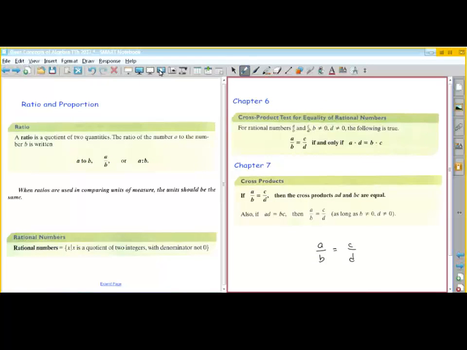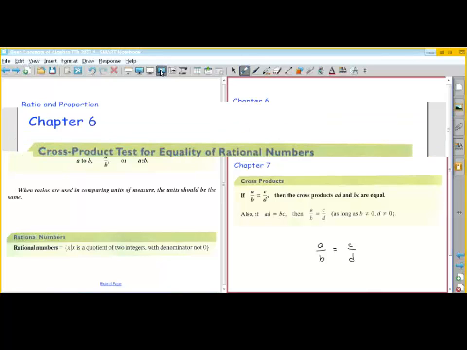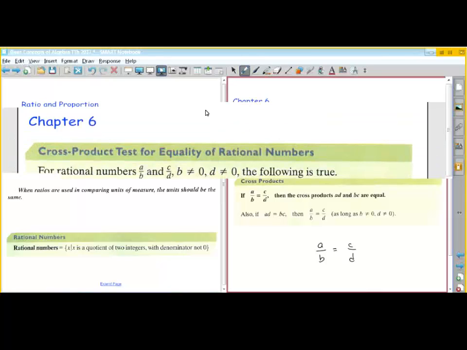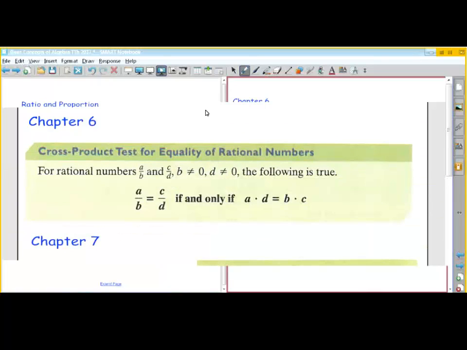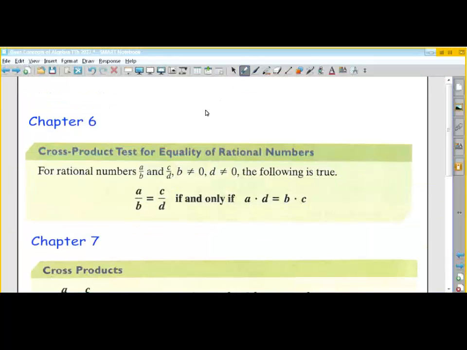Now, chapter 6, which is what we did last semester, we talked about the cross product test for the equality of rational numbers. These were 2 rational numbers. A, B, C, and D are integers, and B and D have to not be 0, because if they were 0, you'd have an undefined result.